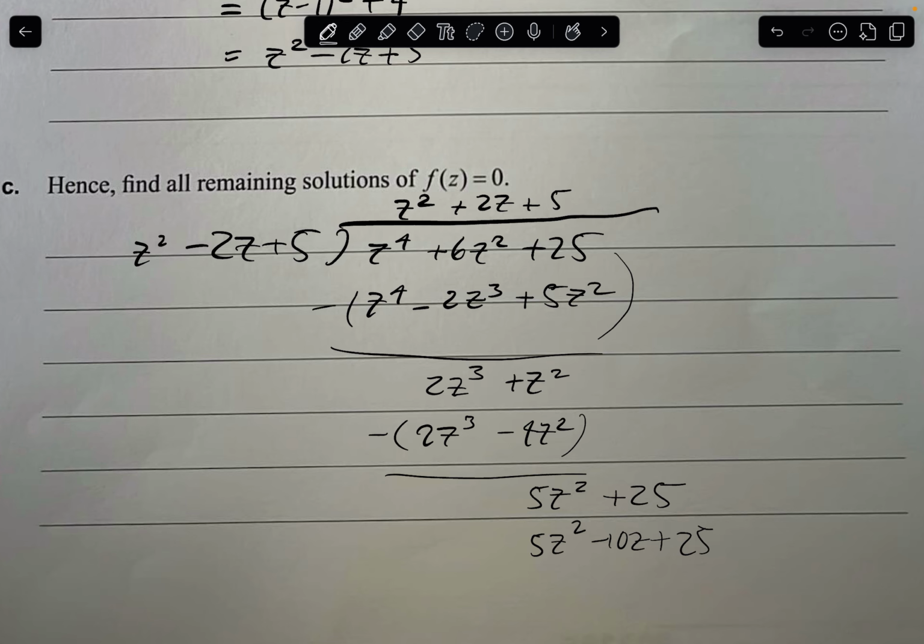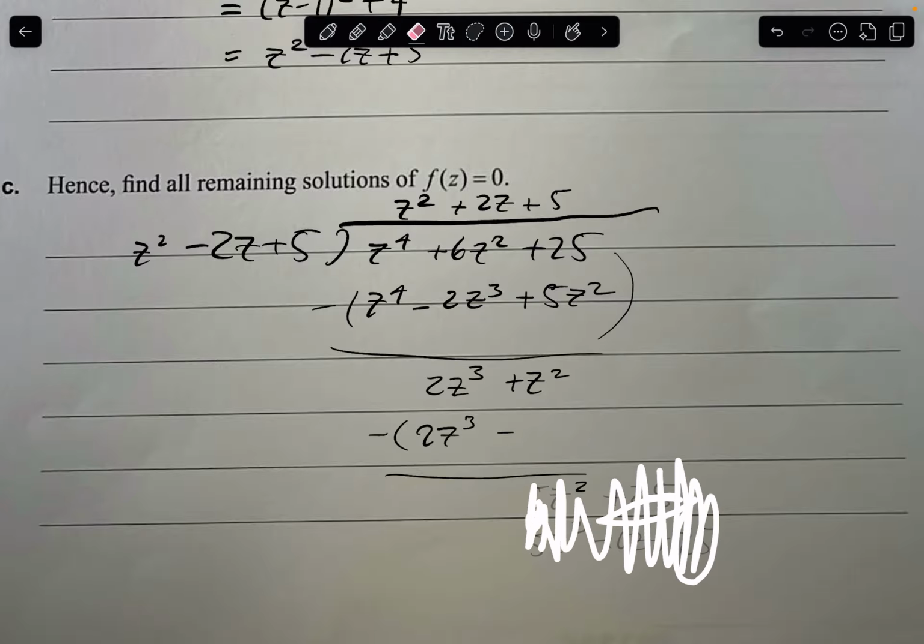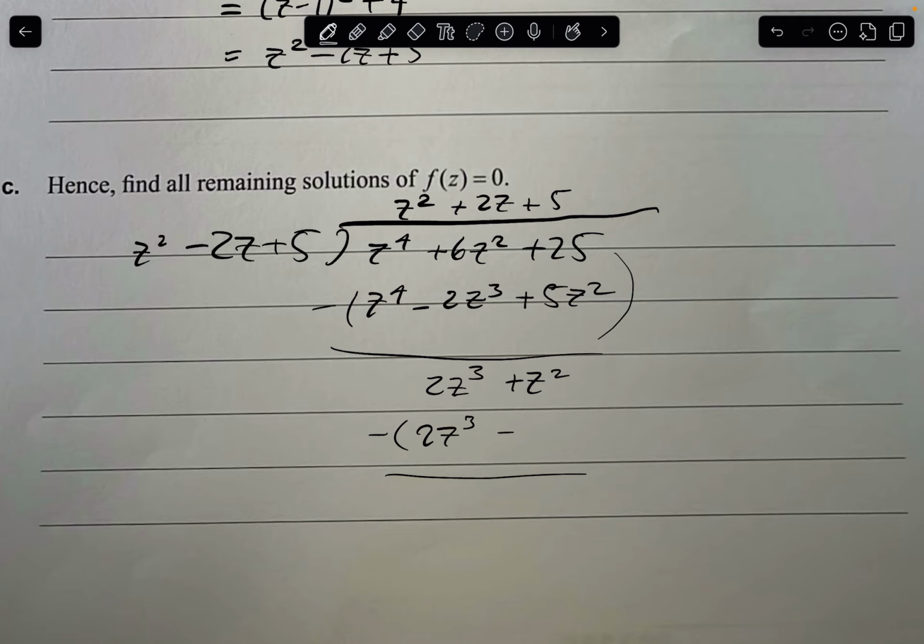And then you have plus 2z cubed minus 4z squared, and then minus plus 10z.